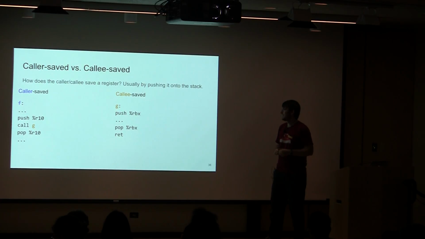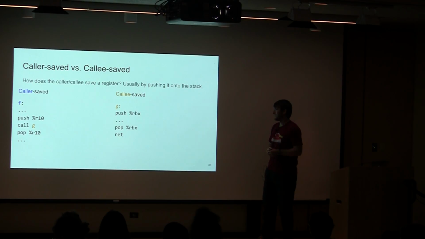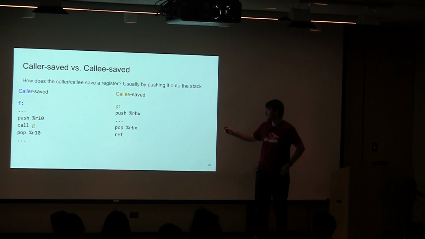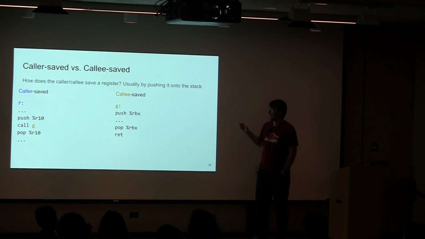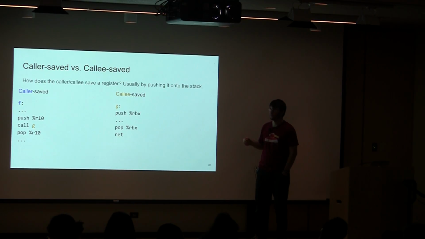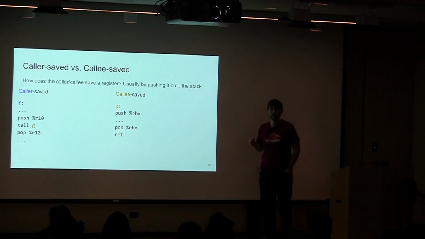Cool. Again, you're not going to be writing assembly, so probably never in your life will you write assembly. Some people look relieved. So you don't have to know in your head which ones are call-er saved and which ones are call-e saved.